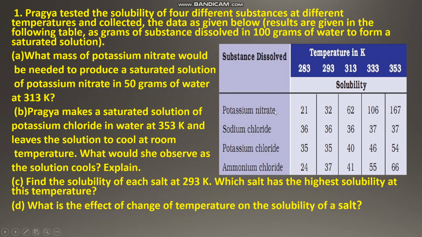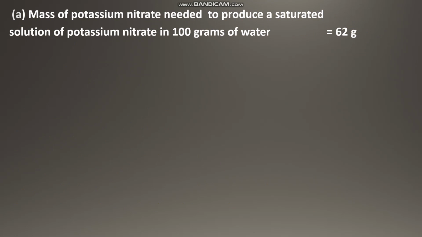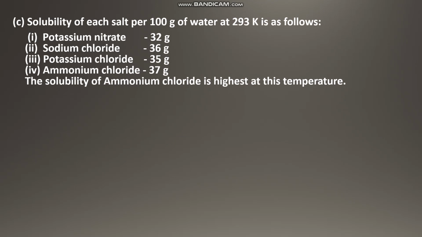Next, what is the effect of change of temperature on the solubility of a salt? So we can see in this table, as temperature increases, what is happening here? The amount of solute required to produce a saturated solution also increases. That means as temperature increases, solubility also increases. So let us see the C and D answers.